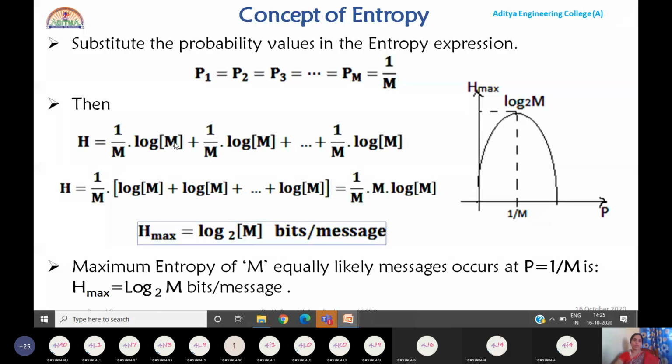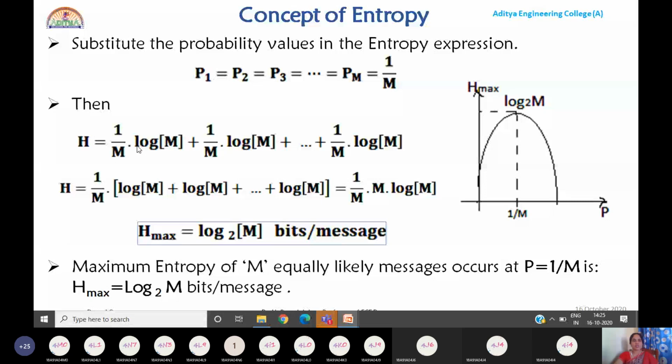So it will be 1 by m log m, plus P2, which is 1 by m log 1 by 1 by m, that is m, plus up to so on plus 1 by m log 1 by 1 by m, that is capital M. So it will be 1 by m of log m plus up to so on. I took 1 by m as common so that you will get a series of log m base 2.